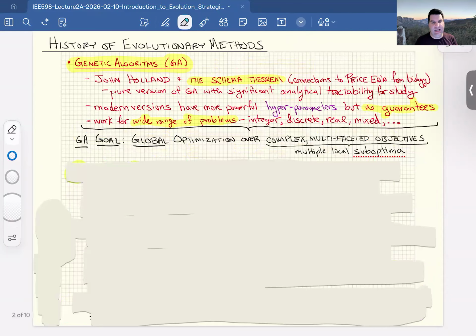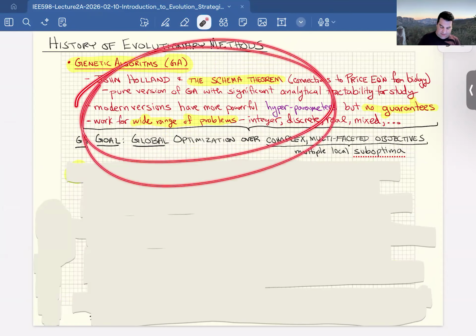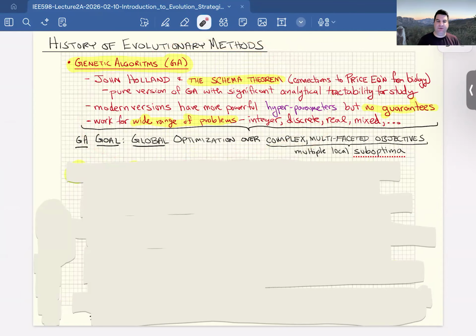So going back in history, genetic algorithms, the earliest, purest form of the GA, was developed by John Holland. It was a lot simpler than the GAs that we've talked about.